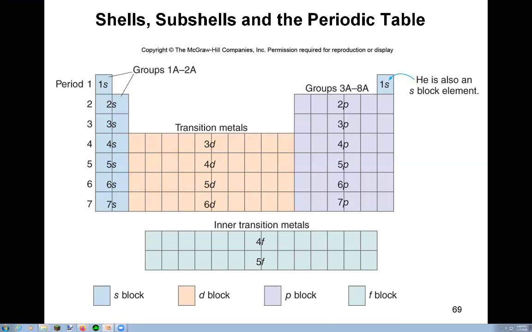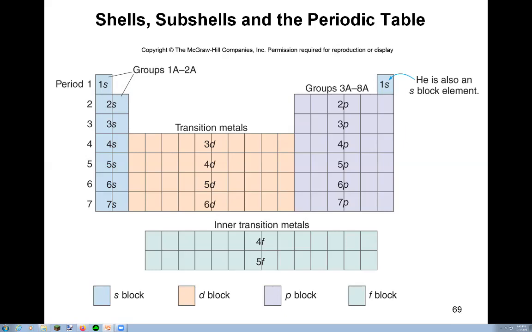And then represented here in green, the inner transition metals correspond to the filling of the f subshell. There are 7 orbitals in the f subshell. 7 orbitals times 2 electrons each, that's 14 electrons that are needed to fill the f subshell. That's why the inner transition metals, those 2 rows here, have 14 columns for 14 electrons.